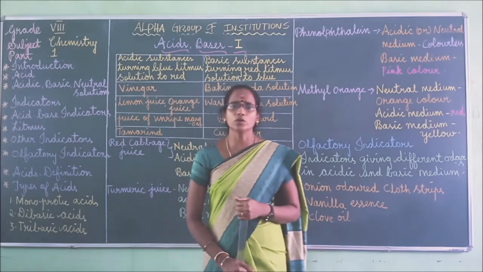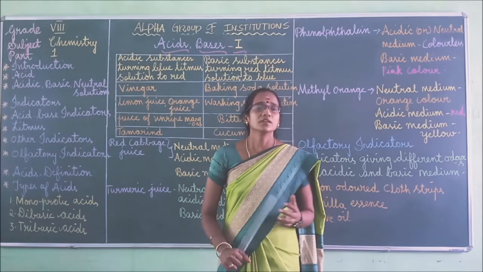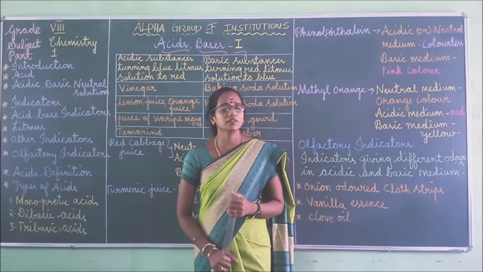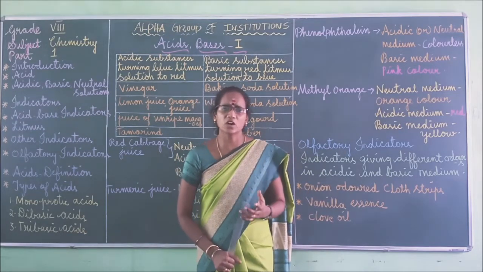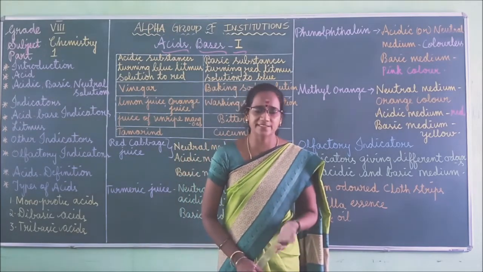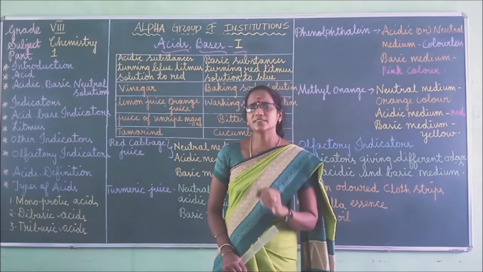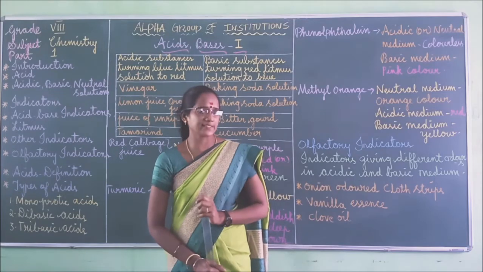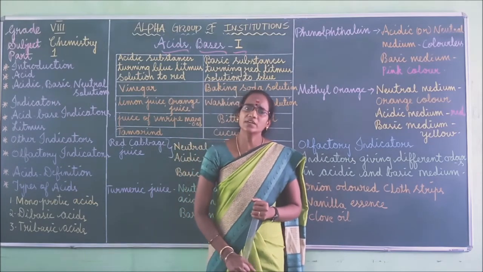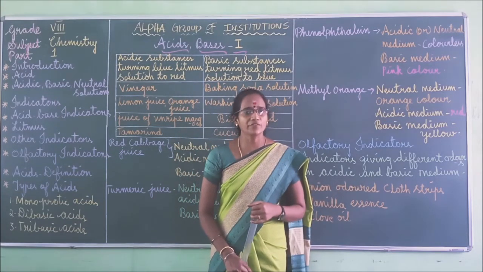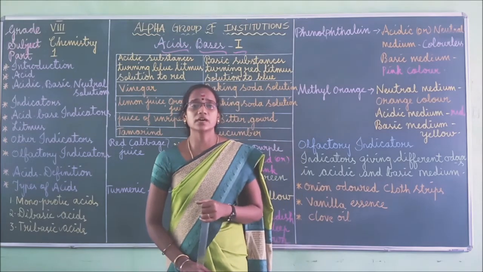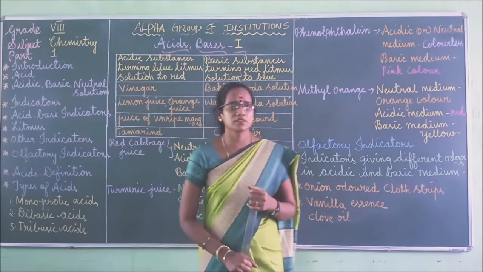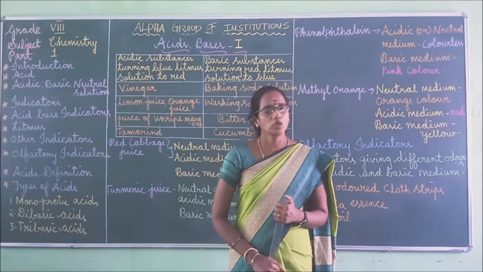As I told you, substances like curd, lemon juice, orange juice and vinegar taste sour because they contain acids. So substances which are sour in taste are said to be acids. The word acid is derived from the Latin word acidus, which means sour to taste. Sour, S-O-U-R, sour to taste.